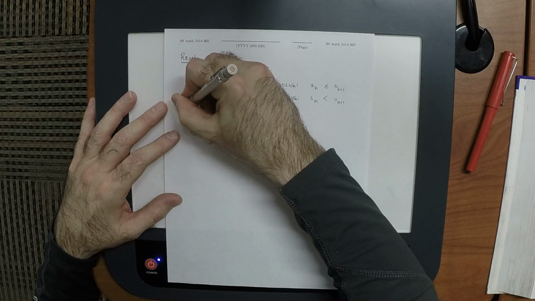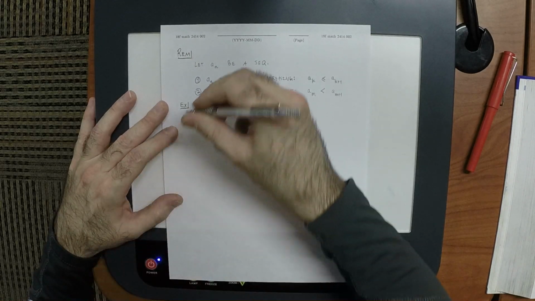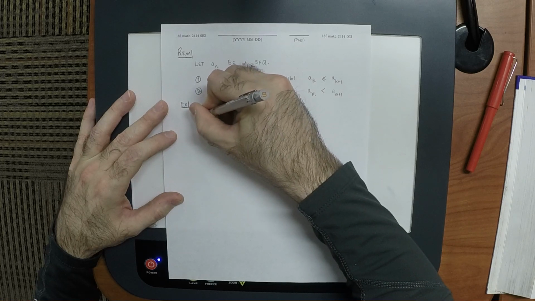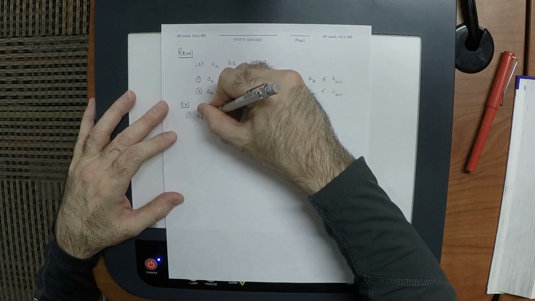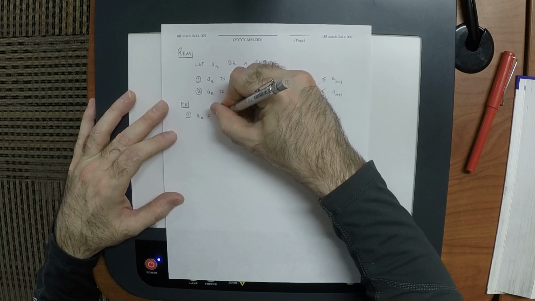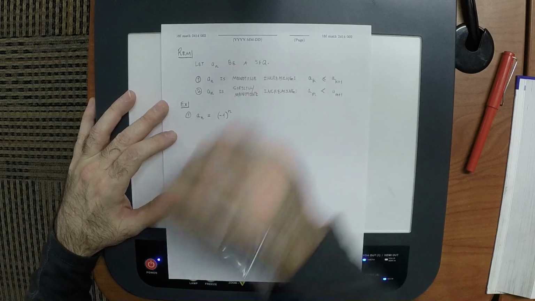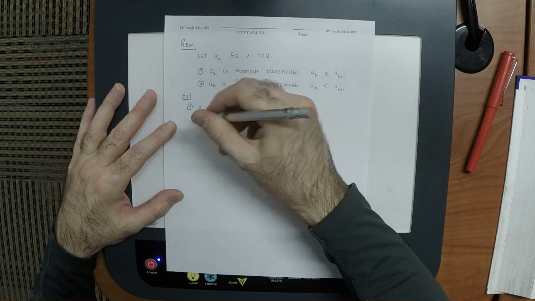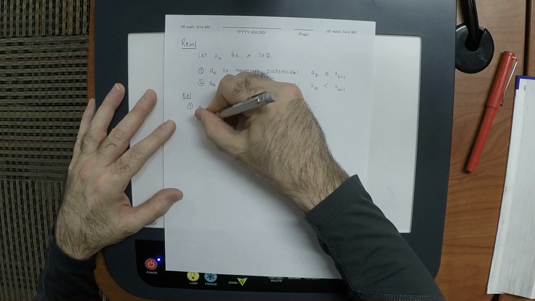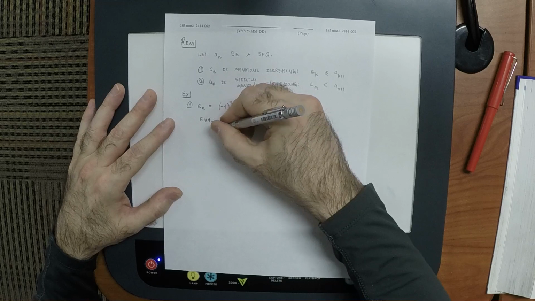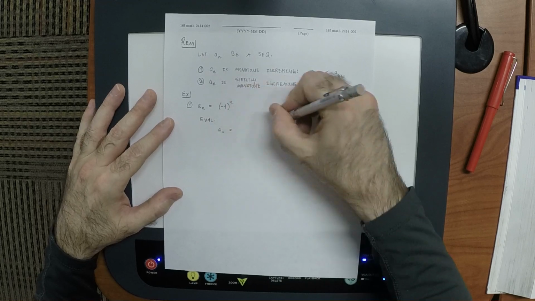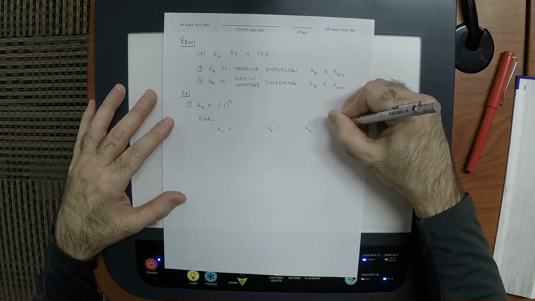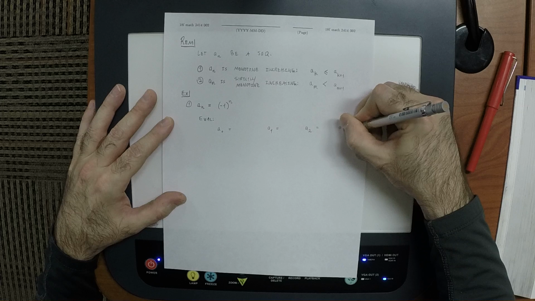So here's an example sequence. We could consider something like this: a_n is (-1)^n. All right. So then would you please evaluate the following? a_0 is whatever it is, a_1, a_2, a_3.